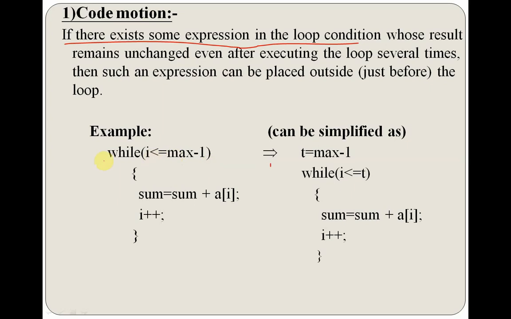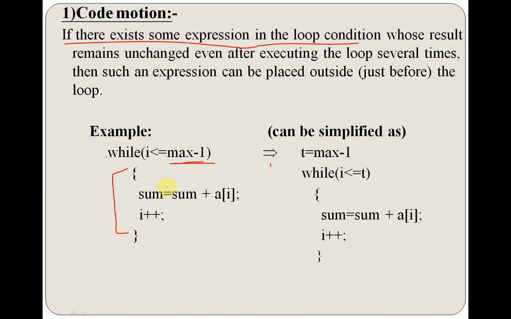one while loop is given, while I less than or equal to max minus 1. So this condition contains one expression, max minus 1. Its value will not be changed during any of the iterations. The reason is the max variable value is not manipulated within the loop body anywhere. This is the loop body.